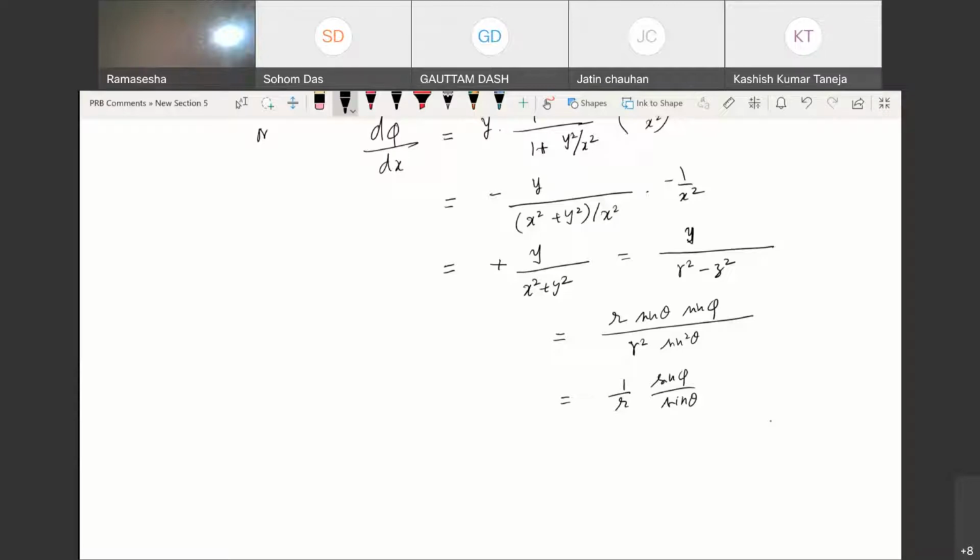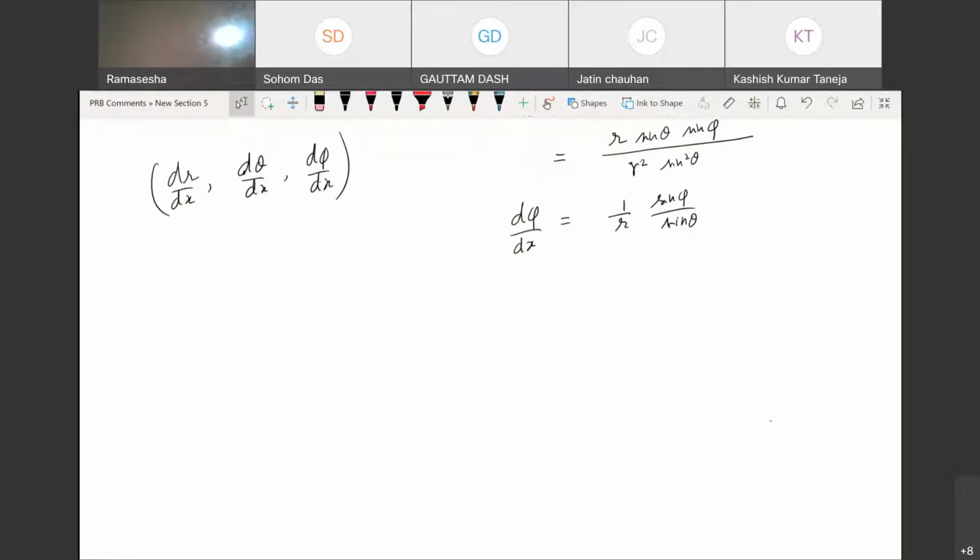Okay, so I have dr by dx, d theta by dx, and if I have all the three, then similarly I can get the rest.